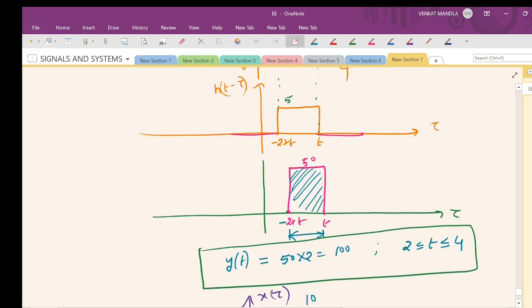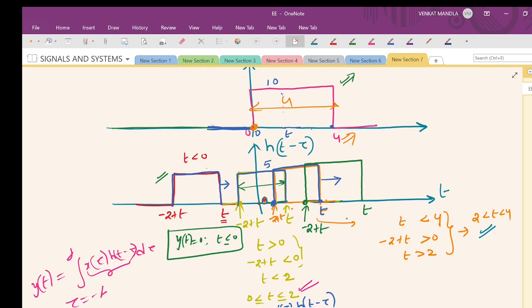Now in one more case, if I shift further to the right such that the lower limit, minus 2 plus t, is greater than 4, then this will come at, let us say, here. I'm shifting this; this is the minus 2 plus t point.